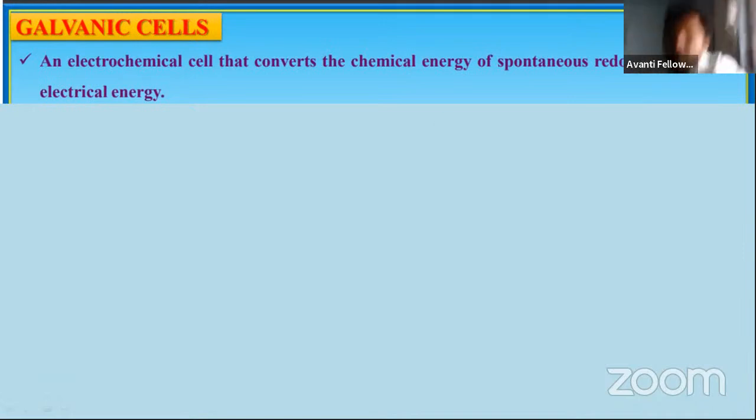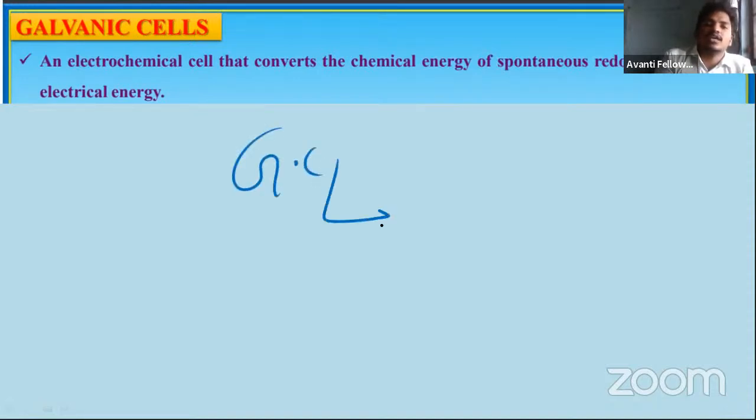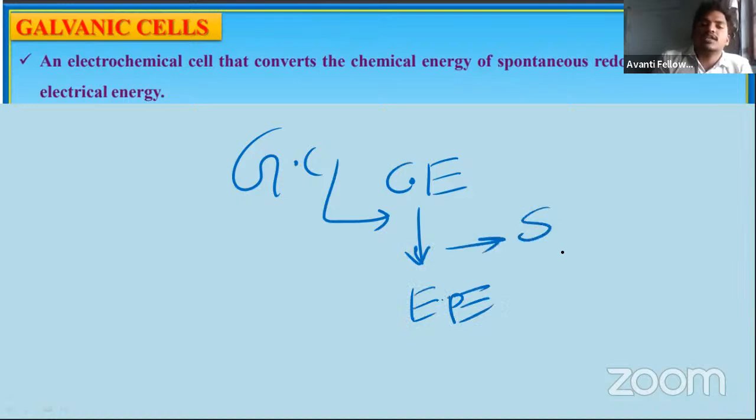If anybody asks you, a galvanic cell is the electrochemical cell that converts chemical energy to electrical energy, and this is held by a spontaneous process.